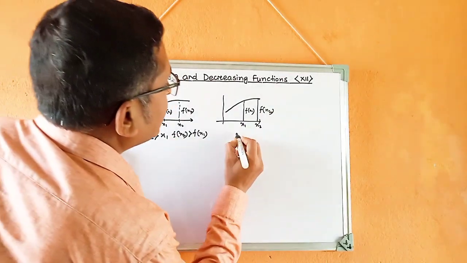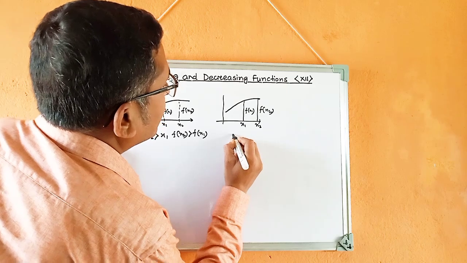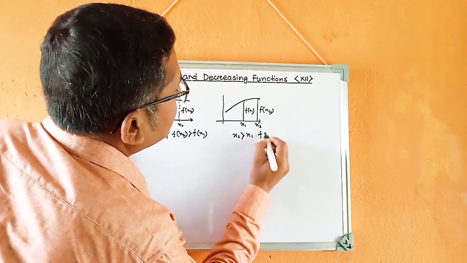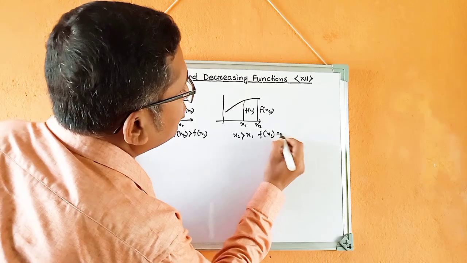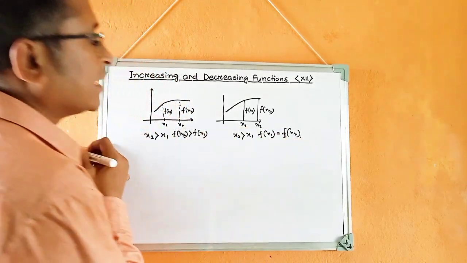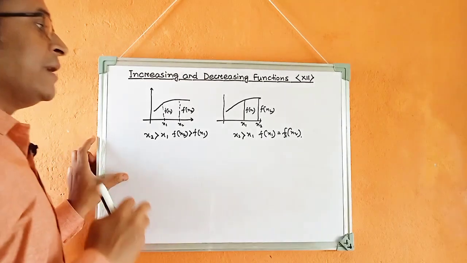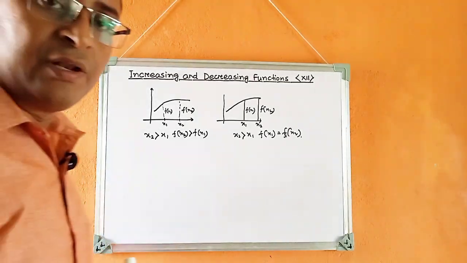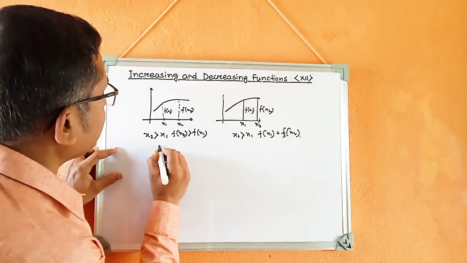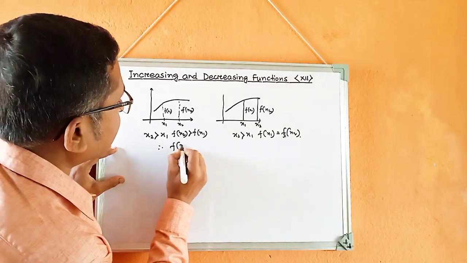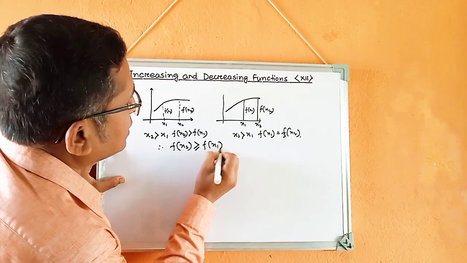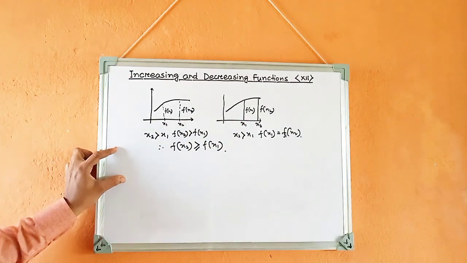Look here, x2 is greater than x1, but f(x1) is equal to f(x2). This is another example of an increasing function. So see carefully, if f(x2) is greater than or equal to f(x1), that function is called an increasing function.